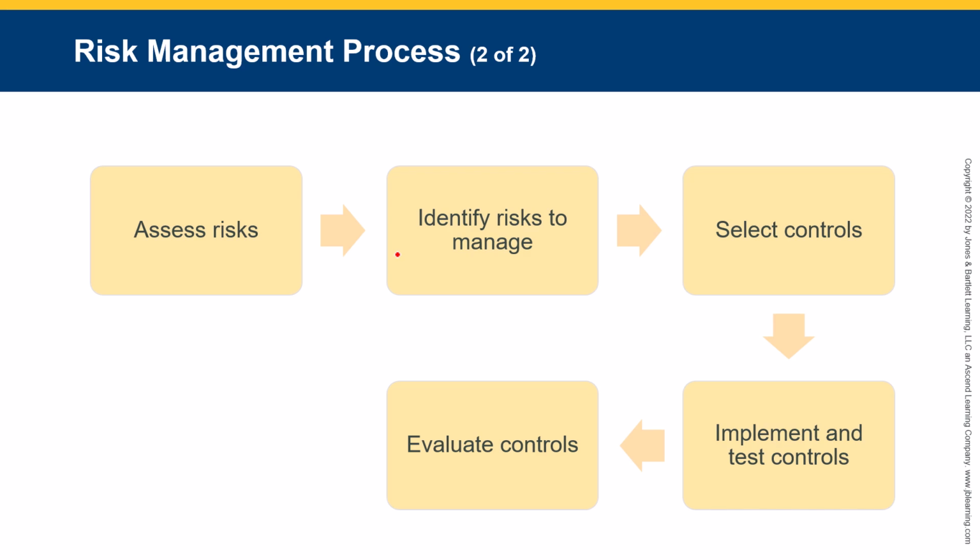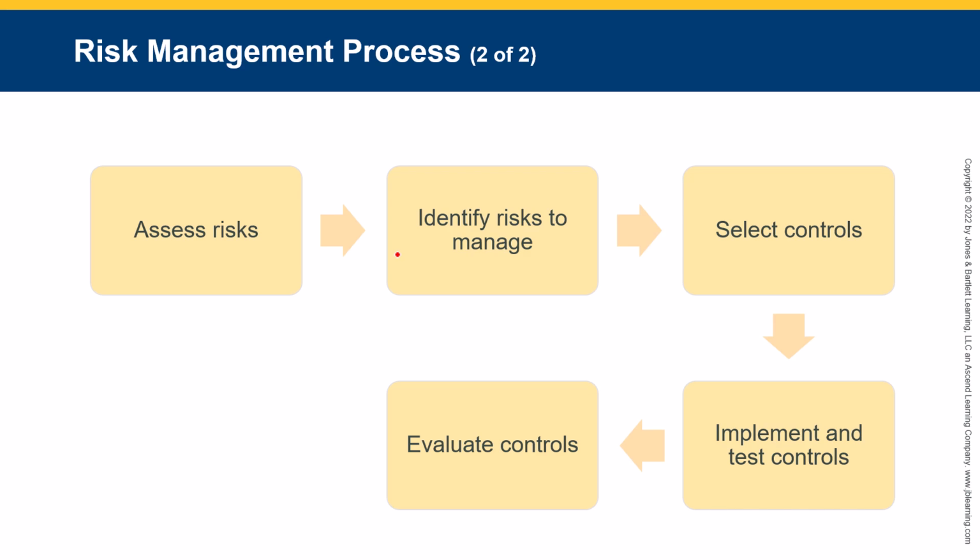Is there a risk? Is there a strong likelihood of occurrence? Identifying the risk, the types of risk. Selecting the appropriate control. Again, that's an important one. You don't want too high of a control or too little of a control. You want an appropriate control.